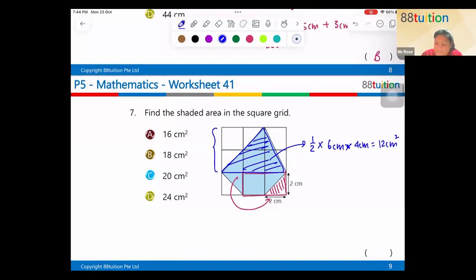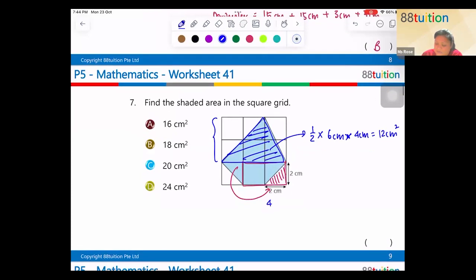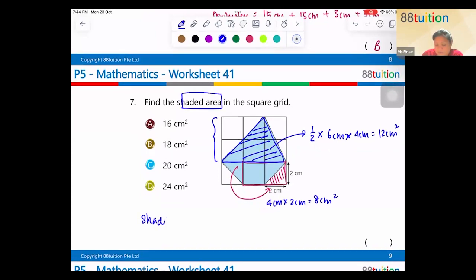So we have the rectangle here, which is 4 times 2. So what is the shaded area? Shaded area will be to add up the two values that you have, which is 12 cm squared and 8 cm squared, to give me a total of 20 cm squared. Thank you, Bella. So that's option C.